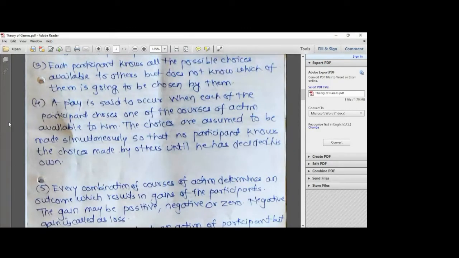In one play, everyone conveys their decision at the same time, right? So in the same play there are no choices, you have to decide your decision, and everyone will be telling their decision at the same time. But in the next play you can think of a different decision depending upon the decisions made by the other players. So that is available in the next play.